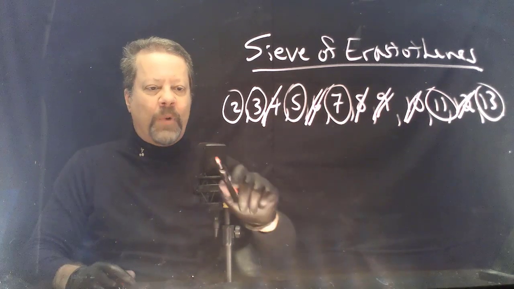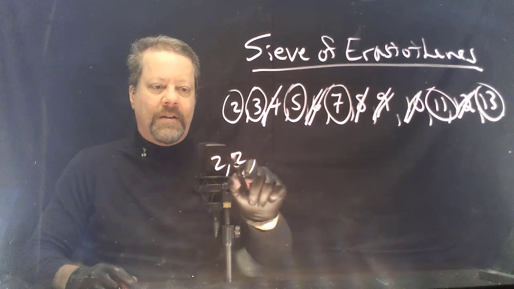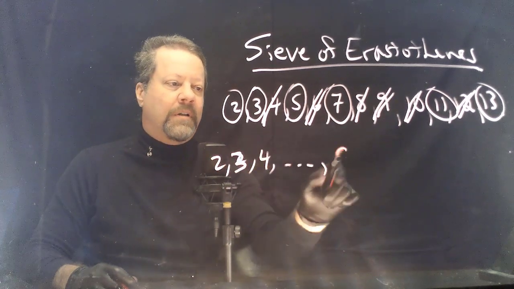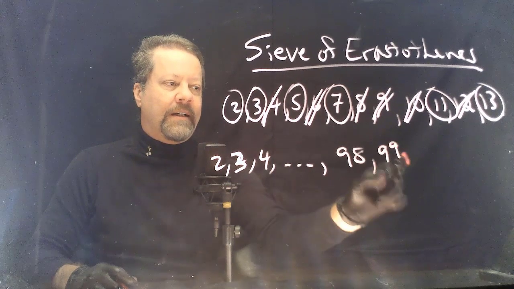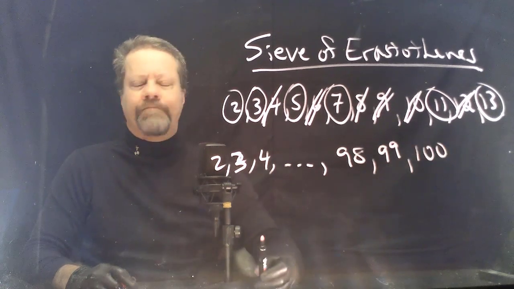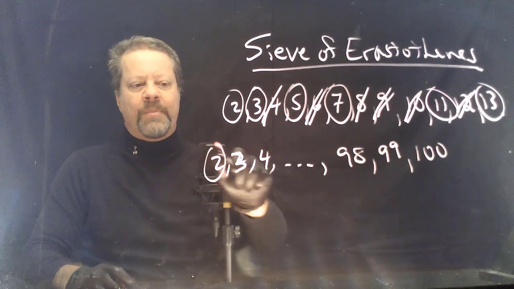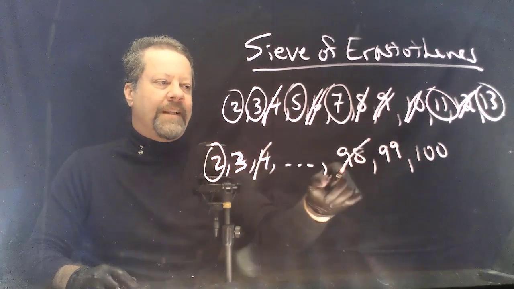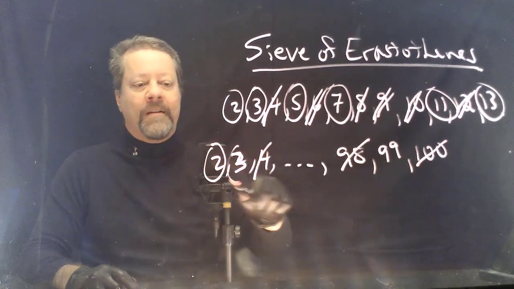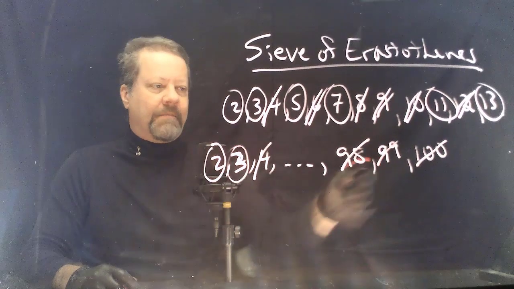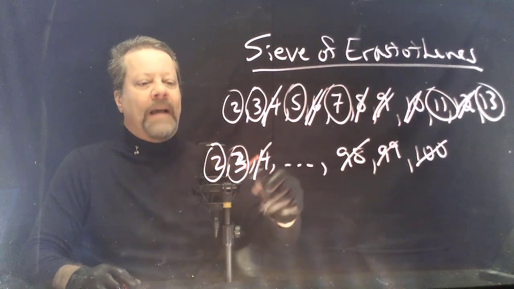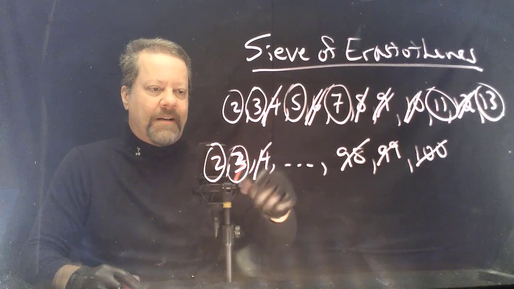So if I'm working on an expanded list, 2, 3, 4, up to 98, 99, 100, 2 is a prime, and then cross out all the even numbers after that. 3 is a prime, and that crosses this one out. And that's how you proceed. Cross out all multiples of 3.